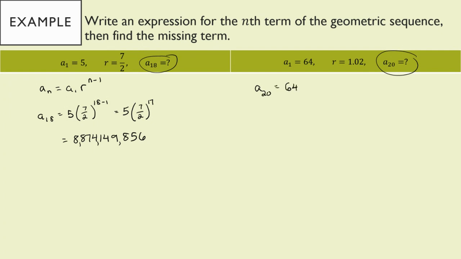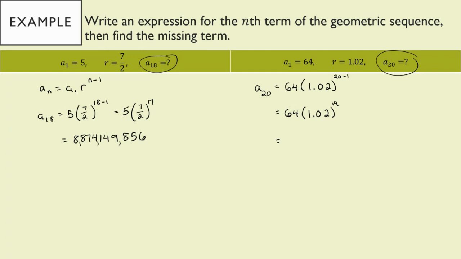So we're starting with 64. r is 1.02, so it's going to be 20 minus 1. So that's 64 times 1.02 to the 19.